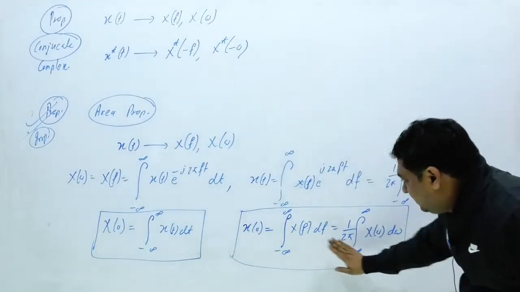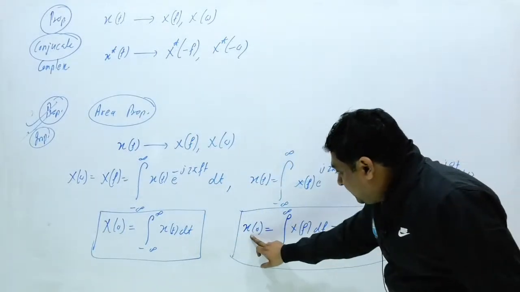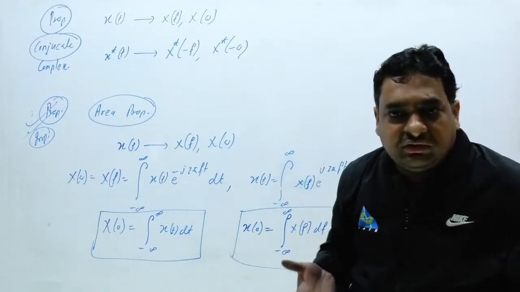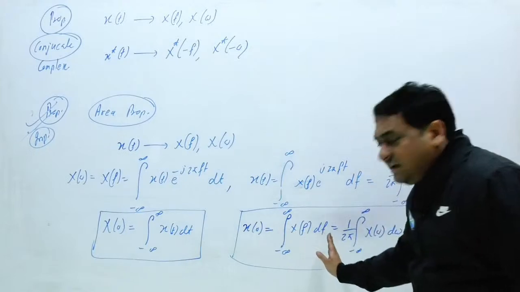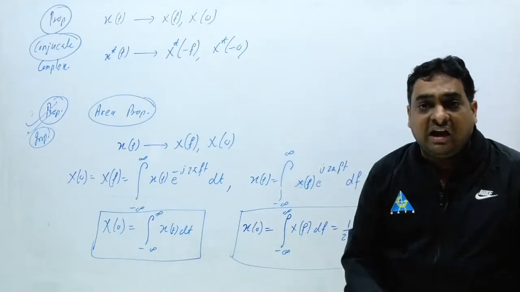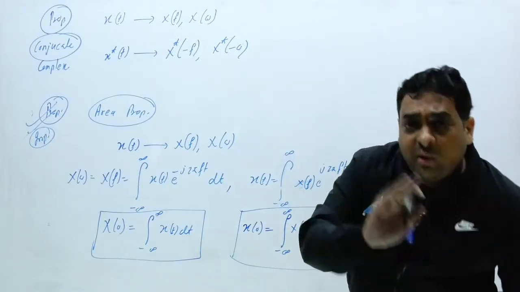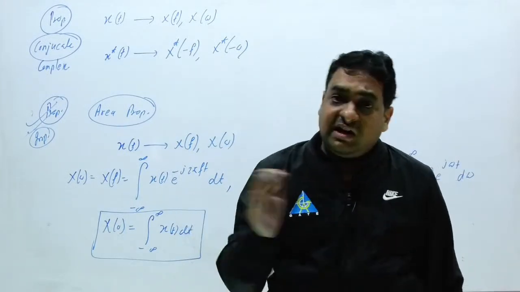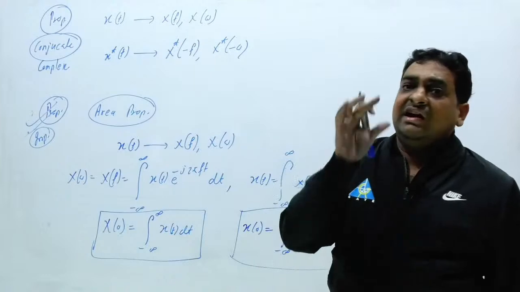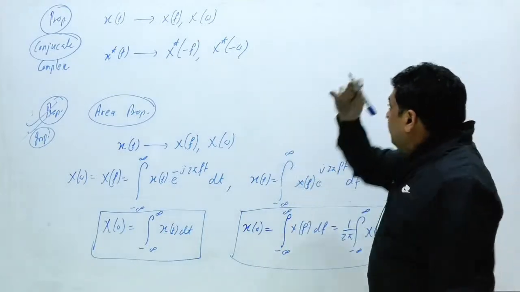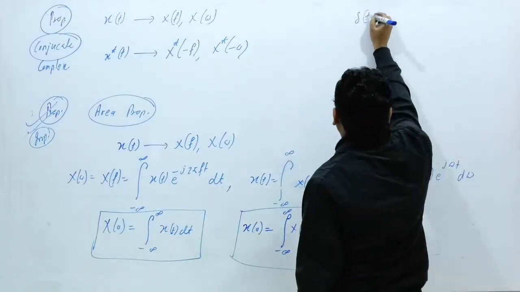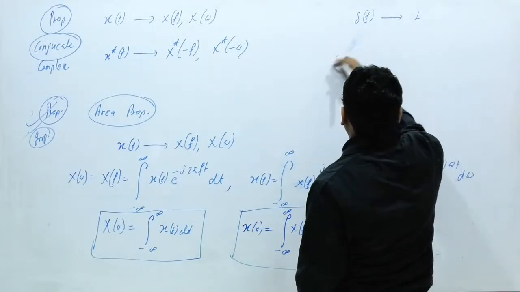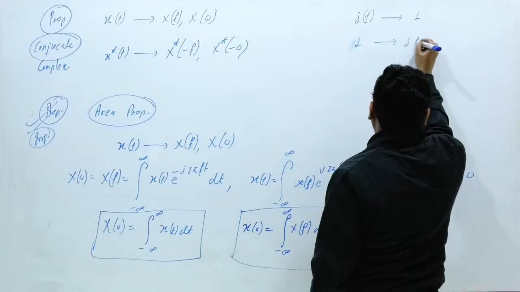What does this mean? If you want to find the time domain signal at 0, it means the area on the other side, and most of the time the area of one sided signal you can easily find. One example: delta t has Fourier transform 1, and 1 has Fourier transform delta t.